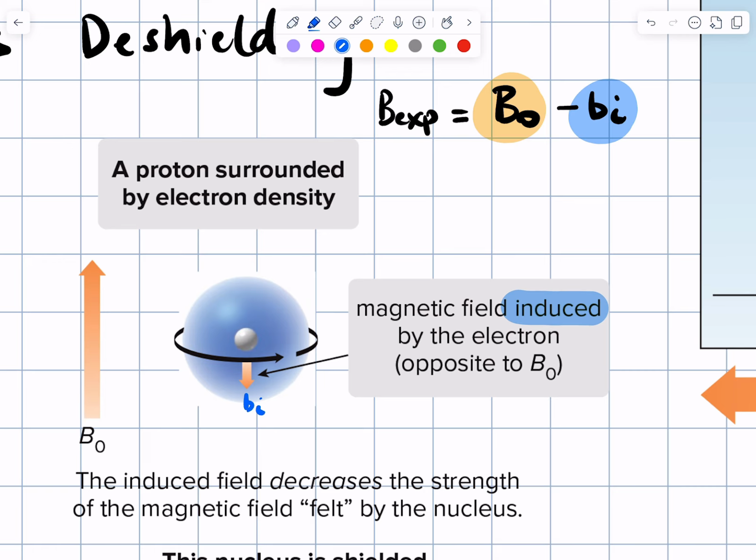Now, if you remember, the strength of the field determines the separation between spin states being aligned with the field or against the field. And that separation in spin states determines the frequency that a proton absorbs at. So, bigger field, bigger splitting difference, bigger frequency of absorption.